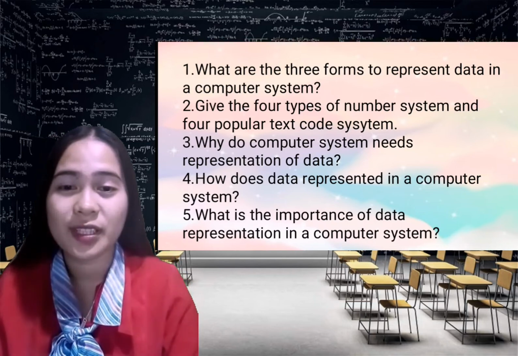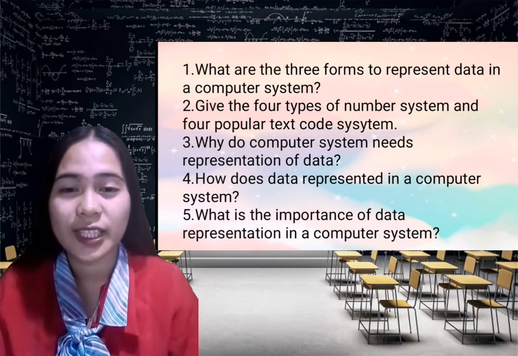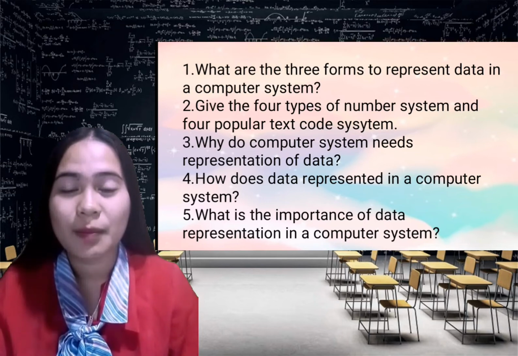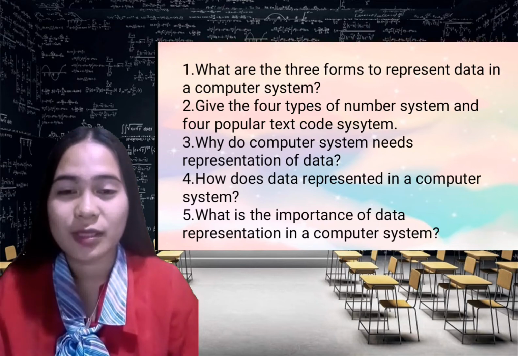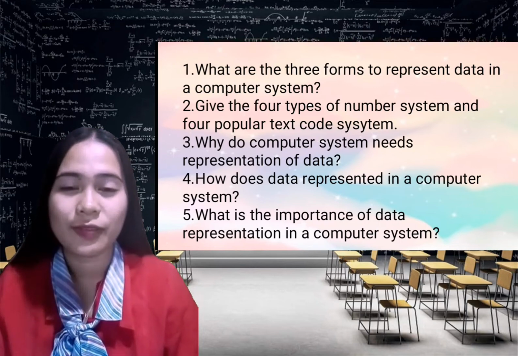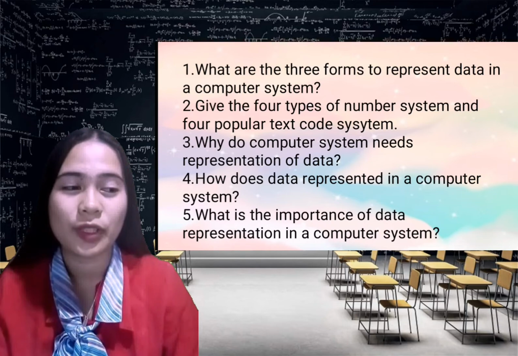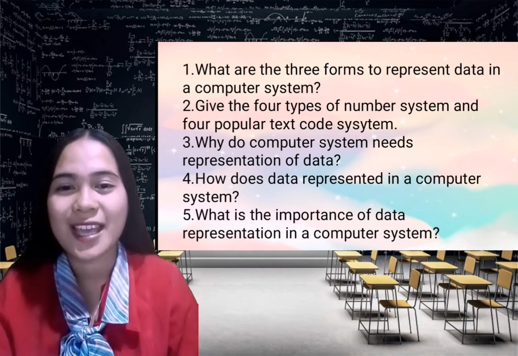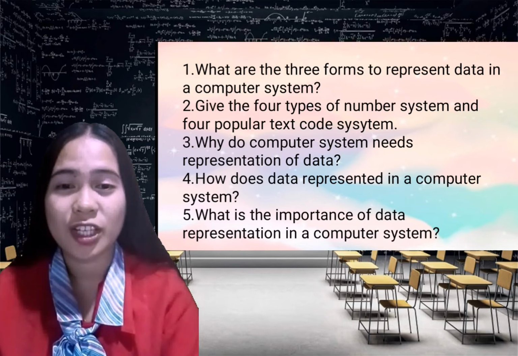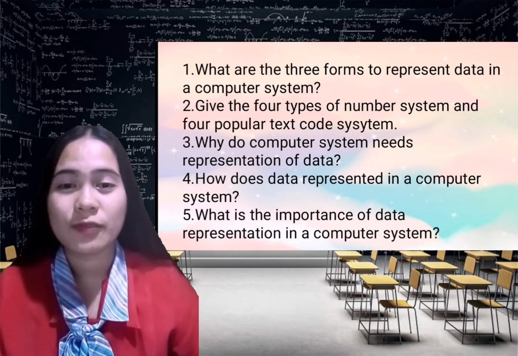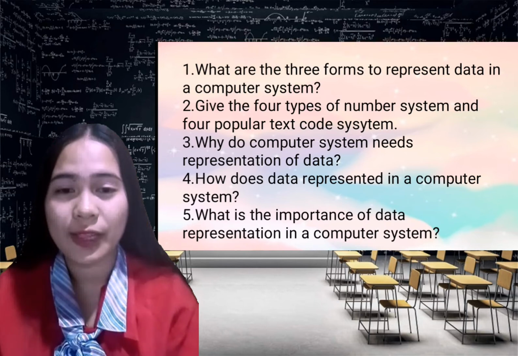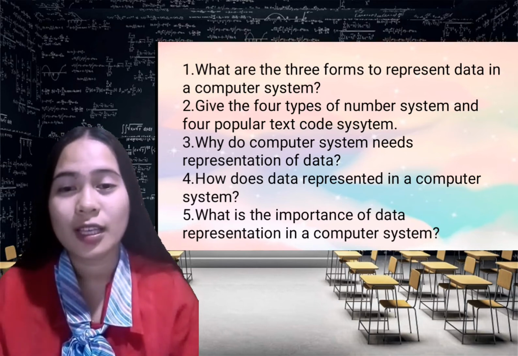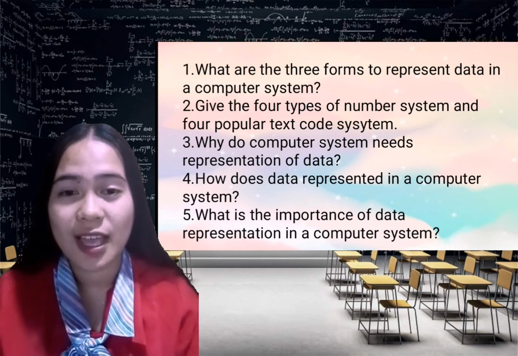So data is represented in a computer system by converting it into numbers by the use of number system, bits and bytes, and text code system. The 5th question is, what is the importance of data representation in a computer system? Who has the idea? So the importance of data representation in a computer system is for it to run smoothly and so that our data will be converted correctly for the computer to understand the information.